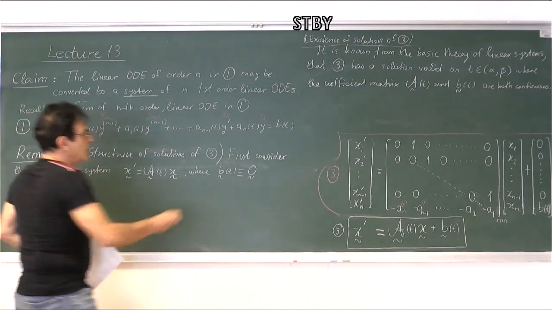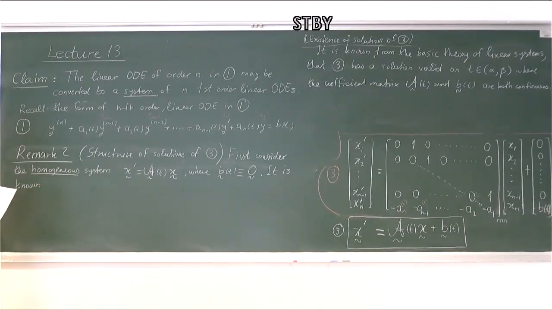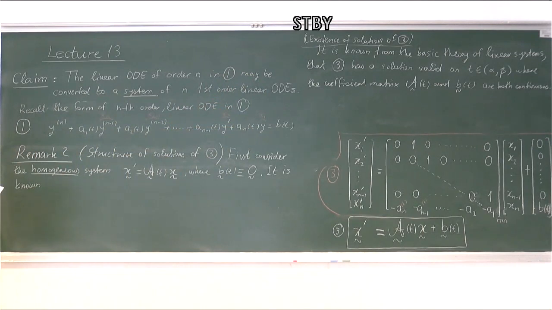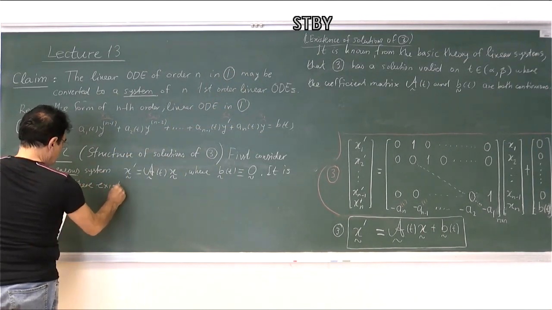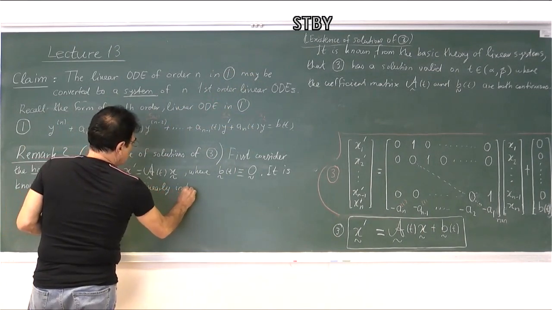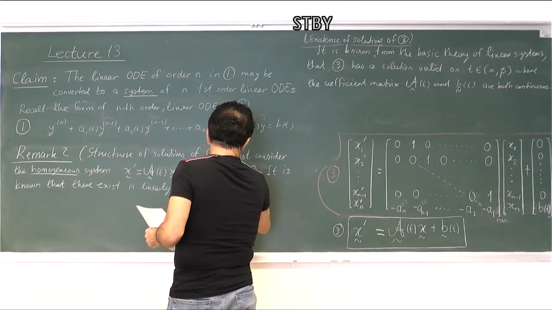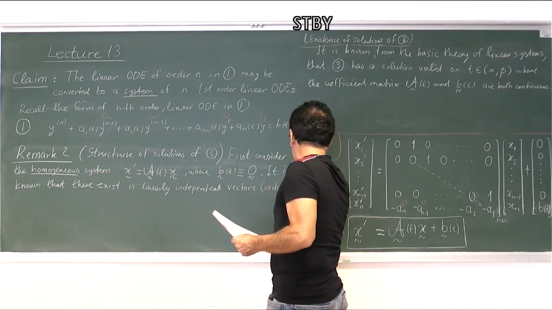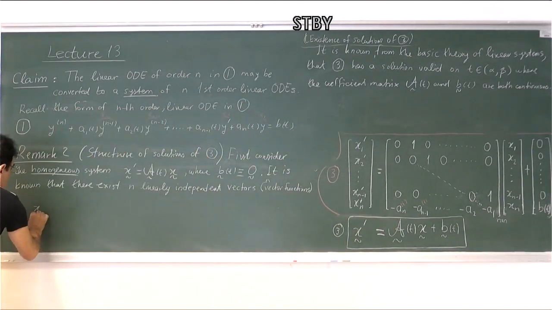Now, again, it is known from the theory of the linear system that there exist n linearly independent vector functions, such that, let's say, the first vector function.